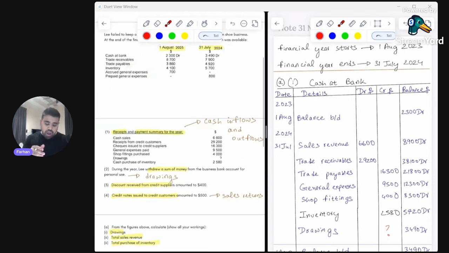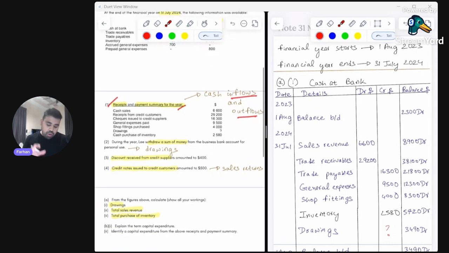We are also provided with the receipts and payment summary for the year, which can also be referred to as the cash inflows and outflows from the bank account, and also some other information with regards to drawings that have been made by the owner, and also discount received that we received from our credit suppliers, and lastly, the sales returns which we have got from our credit customers, and that amount is $500.